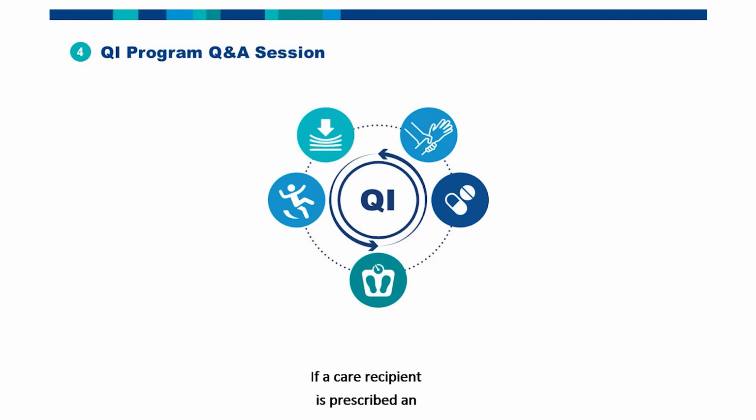If a care recipient is prescribed an antipsychotic medication, whether it be for the treatment of a diagnosed condition of psychosis or not, then the medication would be included in the count of medications for both polypharmacy as well as the antipsychotics quality indicator categories. A list of antipsychotics will be provided in Part B of the QI program manual, which is due for publication in June. So again, thanks for that question.